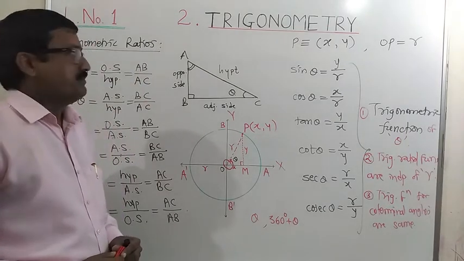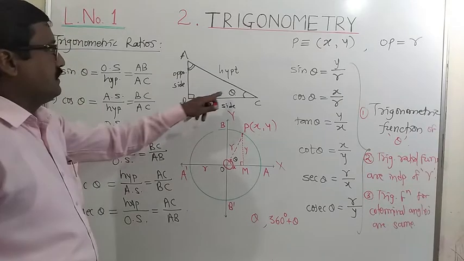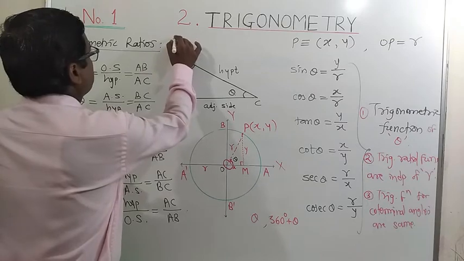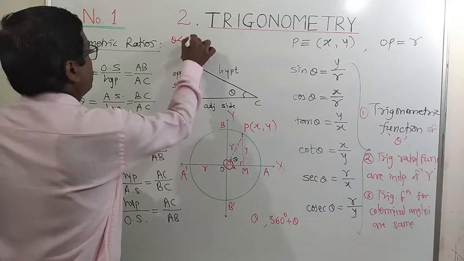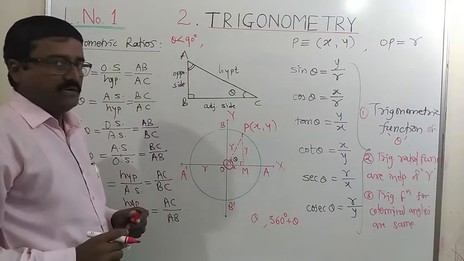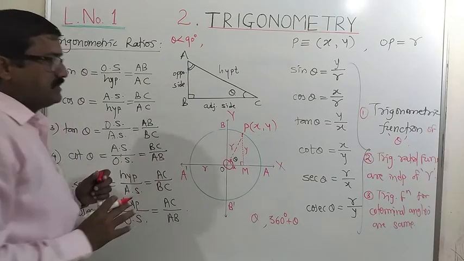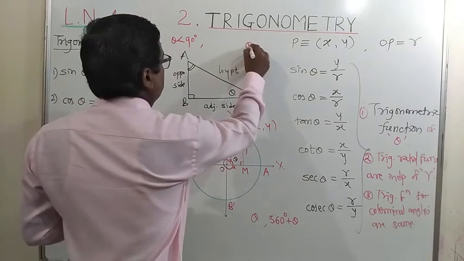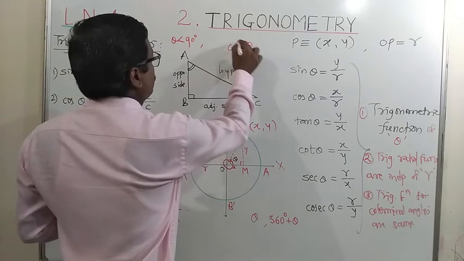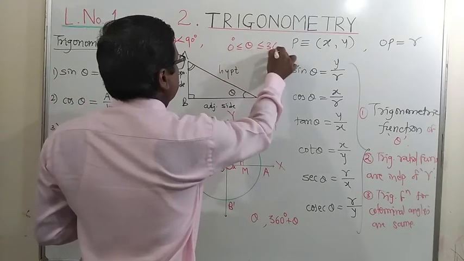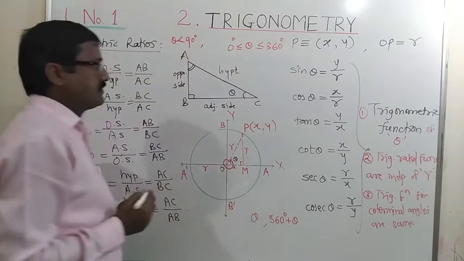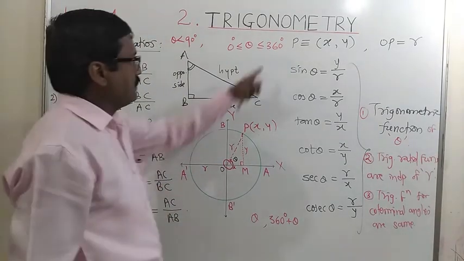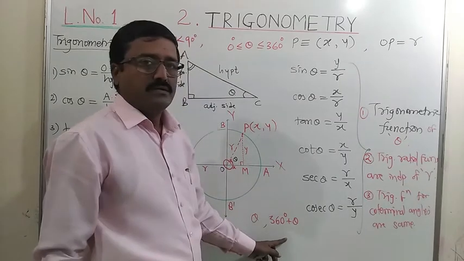Hence, up to 10th class, we have considered theta as an acute angle, which means theta is less than 90 degrees. But now, from all these discussions, we can conclude that we can take theta from 0 degrees to 360, or we can extend this theta considering coterminal angles.